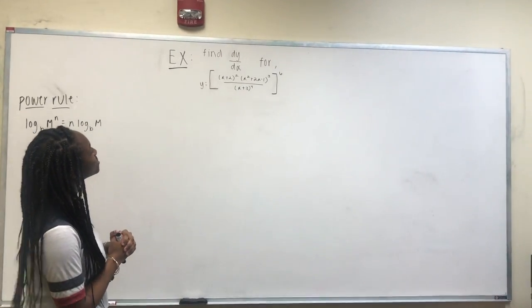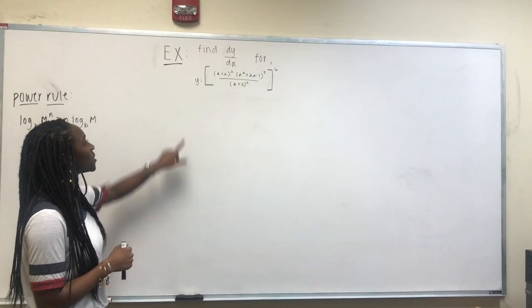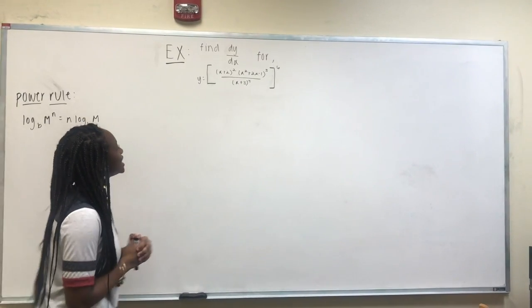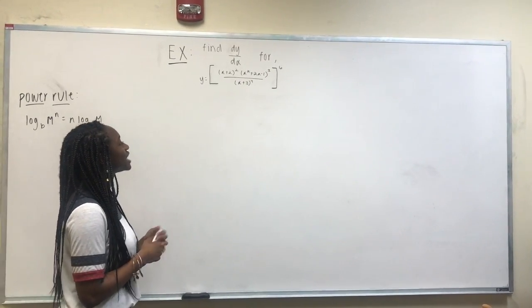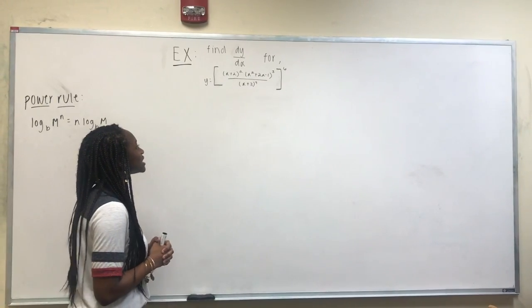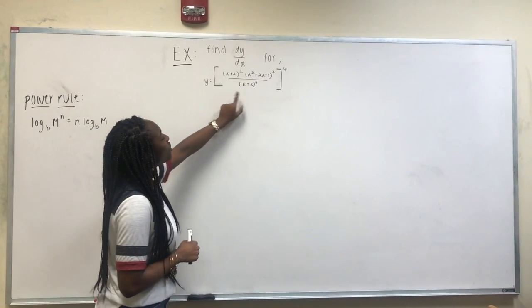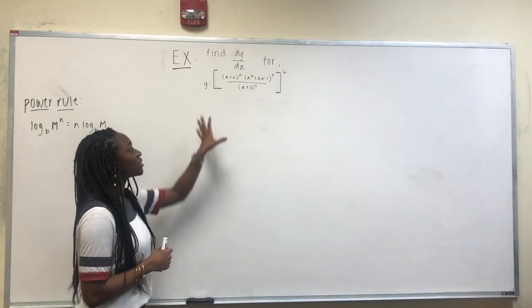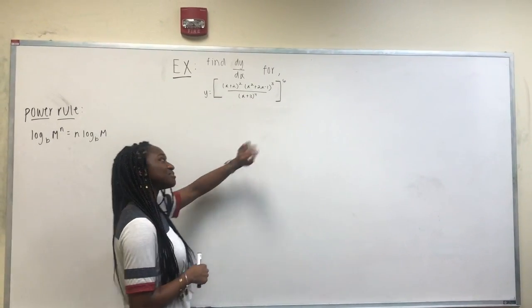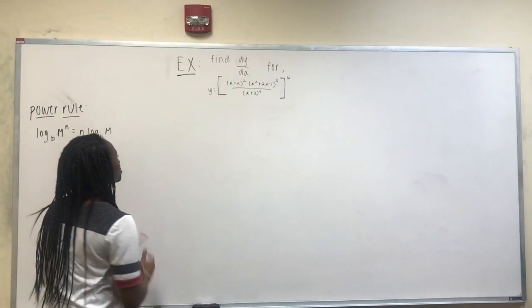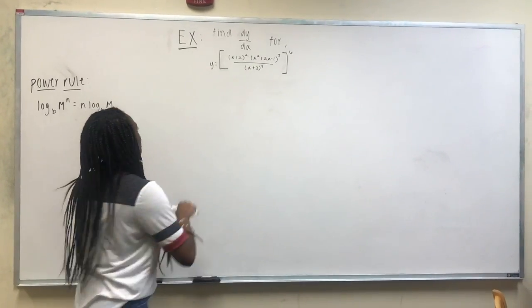We are asked to find dy/dx for y equals the quantity (x plus 2) squared times (x squared plus 2x minus 1) cubed over (x plus 3) to the 4th power, and all of this is raised to the 6th power. So we're going to have to take the natural log of both sides.